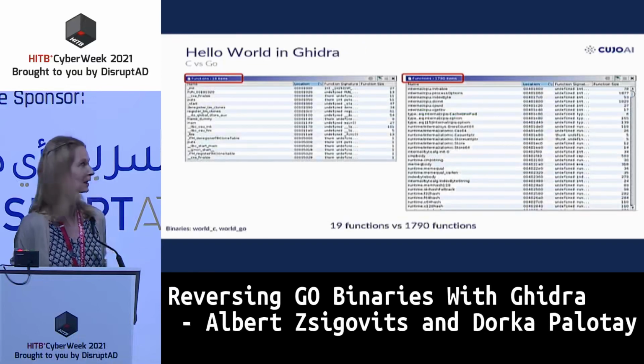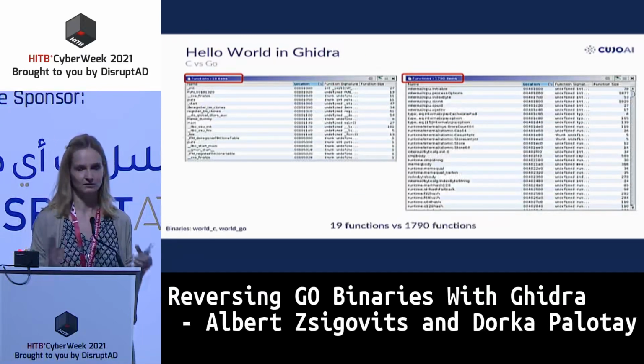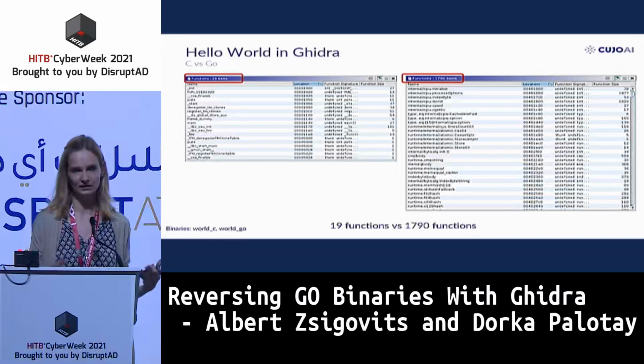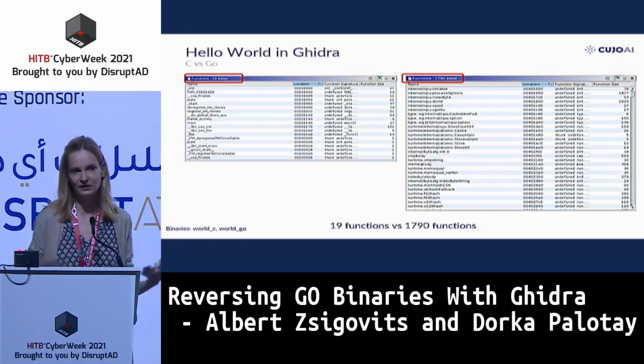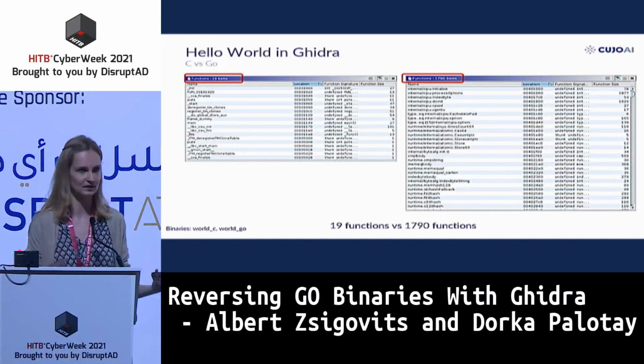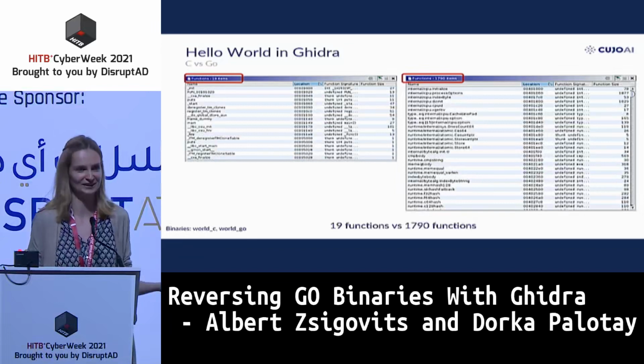And if you load it into Ghidra, the main thing to look at is the list of functions included in the binary. In the case of C, there are 19 functions. That's very easy. You can just go through them and see what this binary is doing. But in Go, there are 719 functions. That's crazy. You have to find something interesting among those functions.